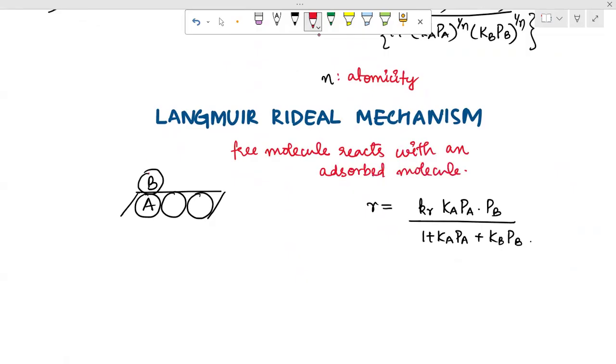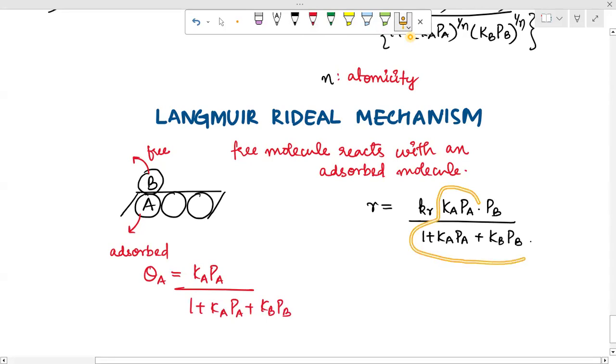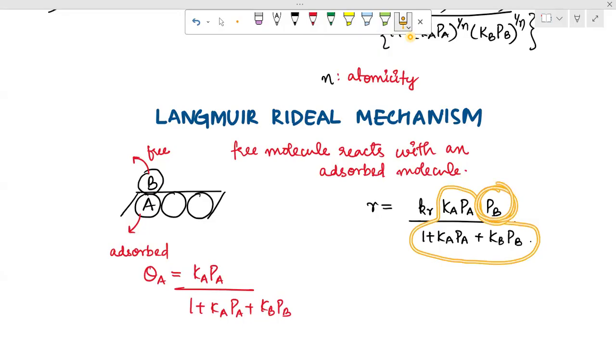Okay, so this is the free molecule and this is the adsorbed molecule. So for the adsorbed molecule, theta A, we already know that this is equal to KAPA by 1 plus KAPA plus there is another gas KBPB. So that is there. See, KAPA by 1 plus KAPA plus KBPB. Along with that, you have to multiply with the pressure of B as well.